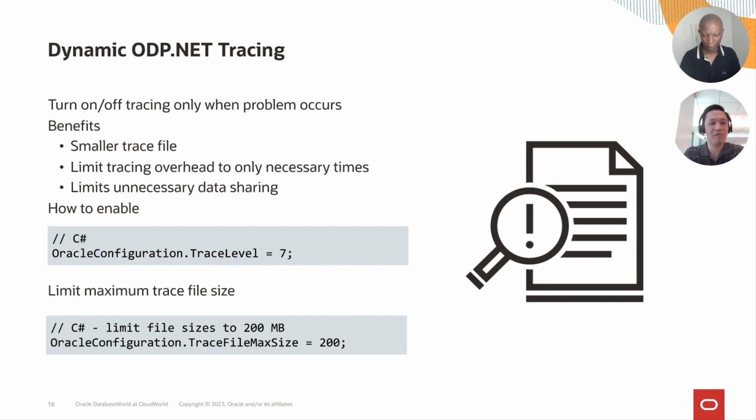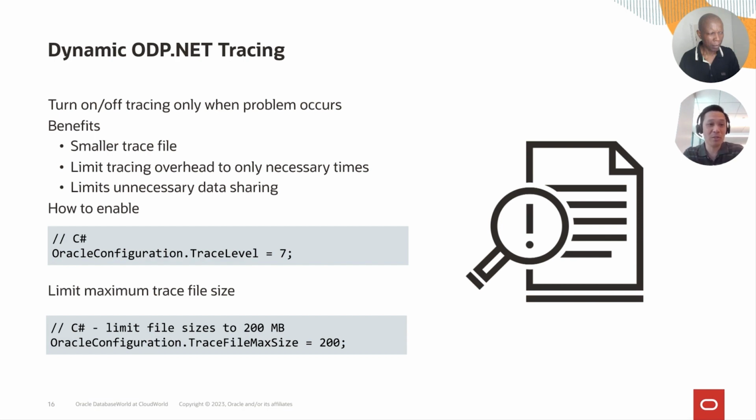So this provides a way to keep your trace file smaller and more compact, and it also limits how big a trace file you have to share, and how much and what data is in that trace file, since you can turn it on and off as needed. In order to enable it, you set this Oracle configuration trace level attribute or property to the trace level you want, and that will turn on tracing. And then when you want to turn it off, you reset it back to its default value.